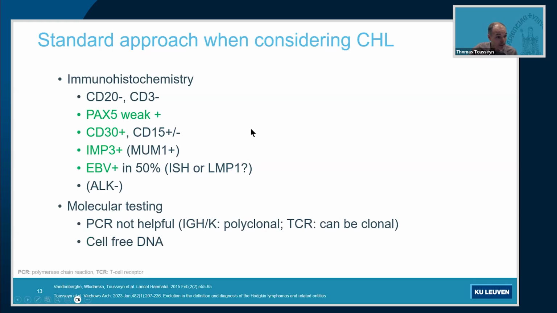Molecular testing is not so helpful in the diagnosis, PCR in particular, because of the minority of the tumor cells. It's often polyclonal for IgH or Ig-kappa, and there are even some cases in which T-cell receptor gene rearrangement can be found to be clonal on a polyclonal background, so PCR is not helpful.